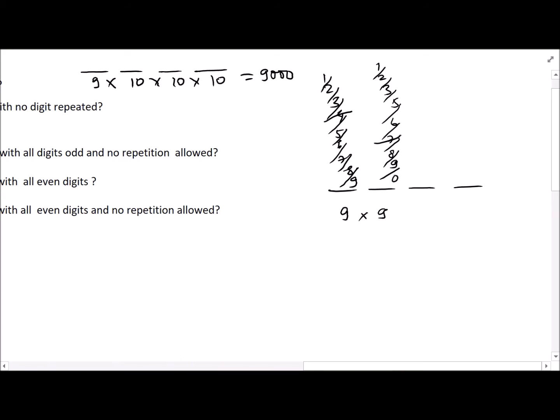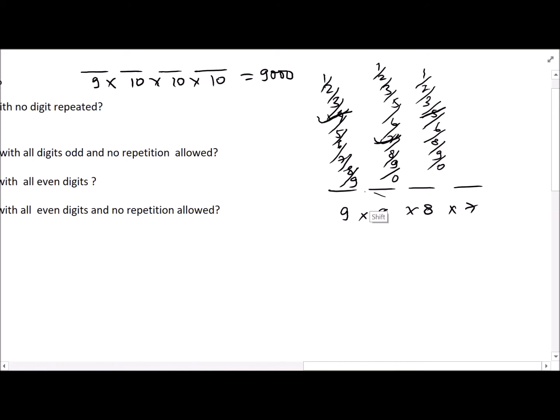Now the options left are, because no repetition allowed, so 4 is used, 4 will not be used. 7 is used, 4, 7 will not be used. I'm just giving you an example to count the number of possibilities. Now I have 8 options left. Okay. Then say 5 is used here, then I will be having 7 options.